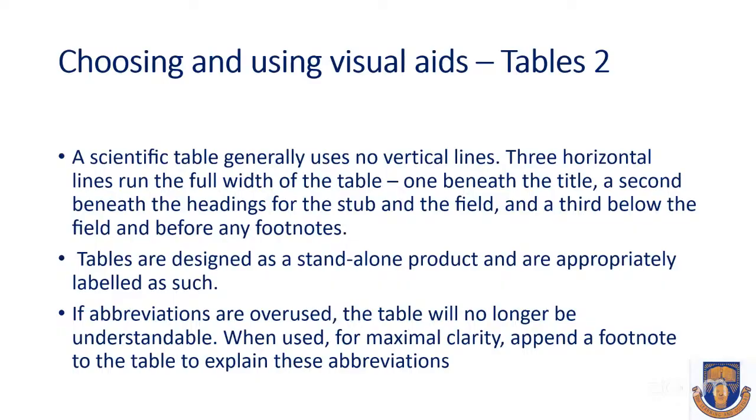If you have so many columns, instead of hypertension or diabetes mellitus, you may write HTN or DM. But if you are using all of those, you must always put footnotes at the bottom of the tables, okay? So that helps you. Once you put those footnotes at the bottom, anybody that sees the table will be able to understand it.